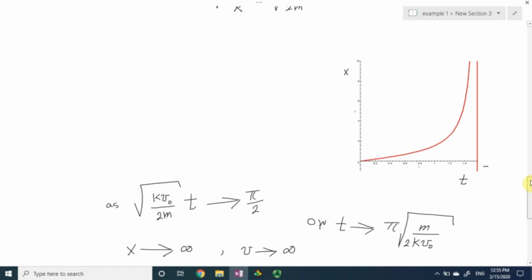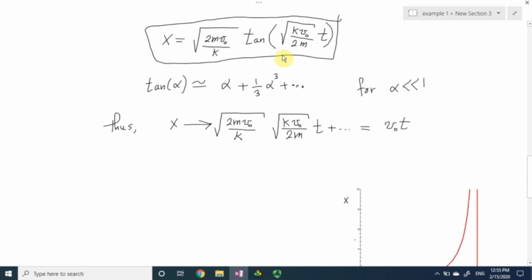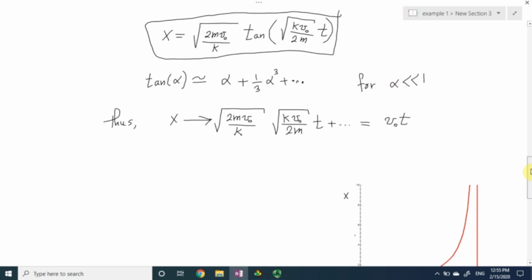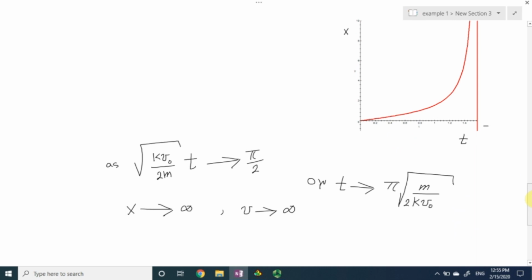So when the argument inside the tan approaches pi over 2, the tangent will blow up. And this means when t, I can move this constant to the other side, when time is approaching this value, pi over 2 times the square root of mass divided by k v naught, the tangent will blow up and x will blow up.